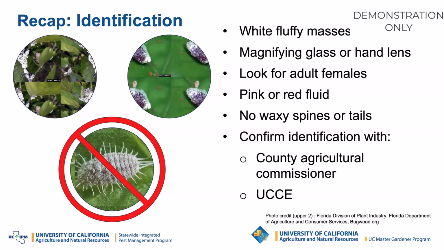When crushed, pink hibiscus mealybugs will emit a bright pink or red fluid. Adult females and nymphs do not have lateral spines or tails. And finally, remember to contact an expert from your local county agricultural commissioner's office or UC Cooperative Extension to confirm your identification.